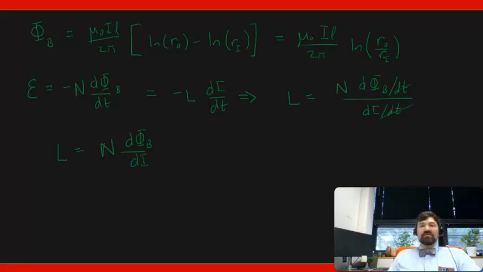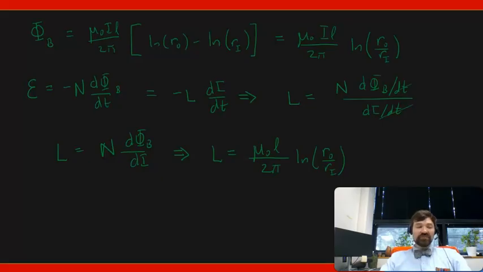And so looking at this right here, if this is phi b, if I take a derivative with respect to I, then the current to the first power just becomes a 1. And so my L is just equal to mu naught times the length little l divided by 2 pi times the natural log of the outer divided by the inner radius.